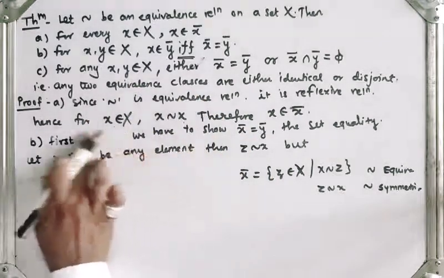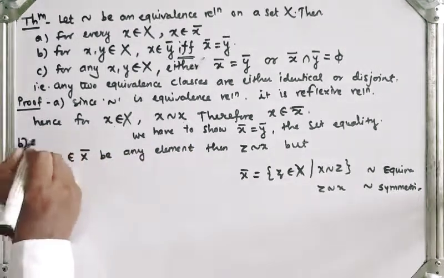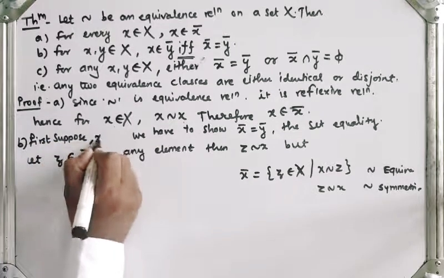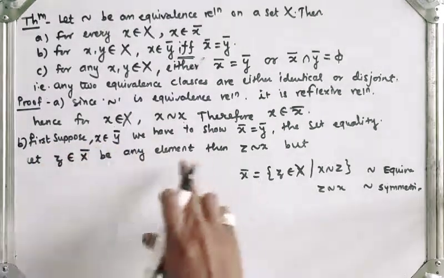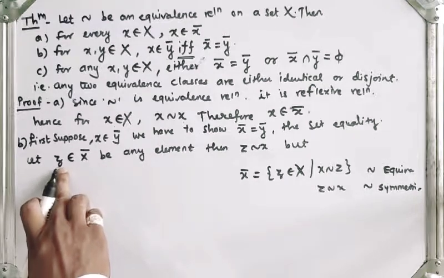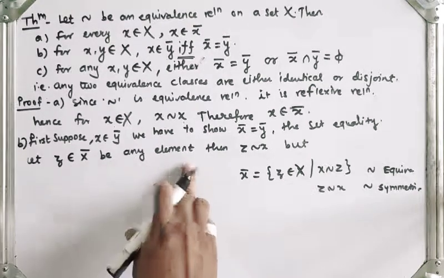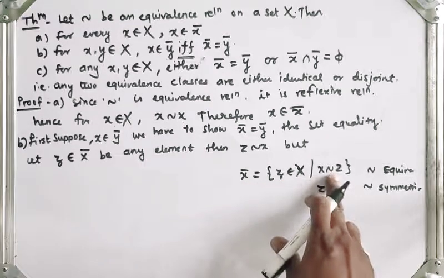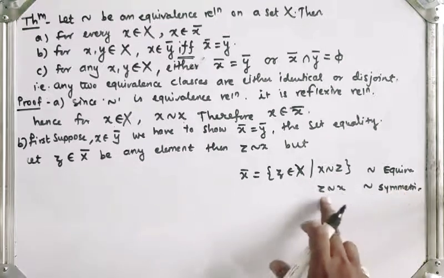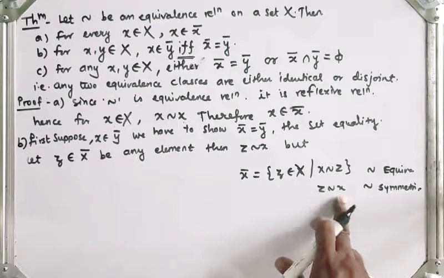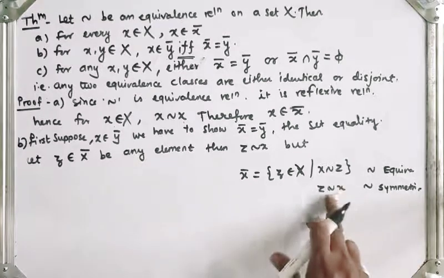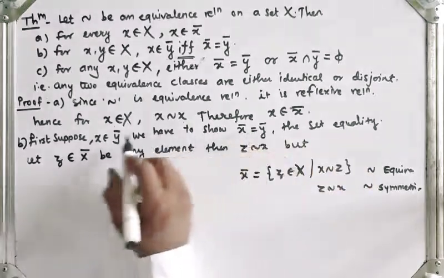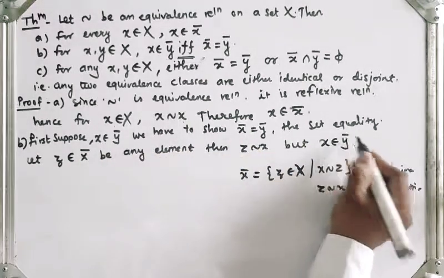So suppose, first, what is given: x belongs to y bar. If I take z belonging to x bar as any element, this is the equivalence class of all elements z belonging to X such that x is equivalent to z, and tilde is symmetric, so I write this as z equivalent to x. But what have we been given? x belongs to what? y bar.